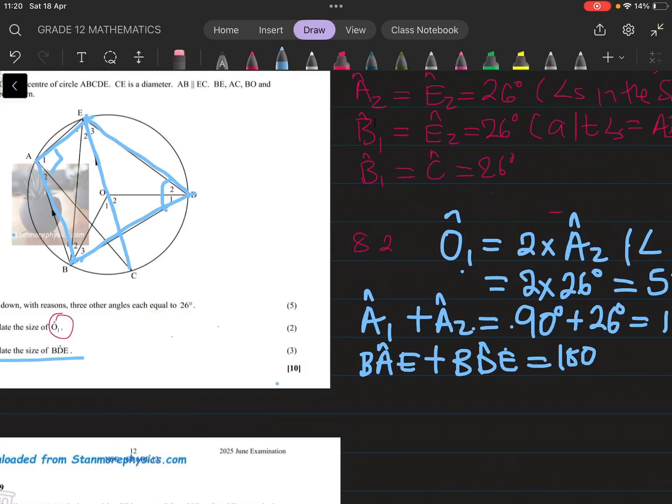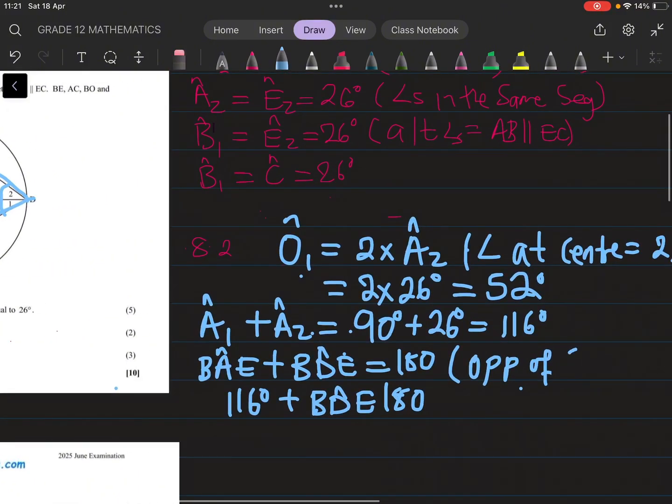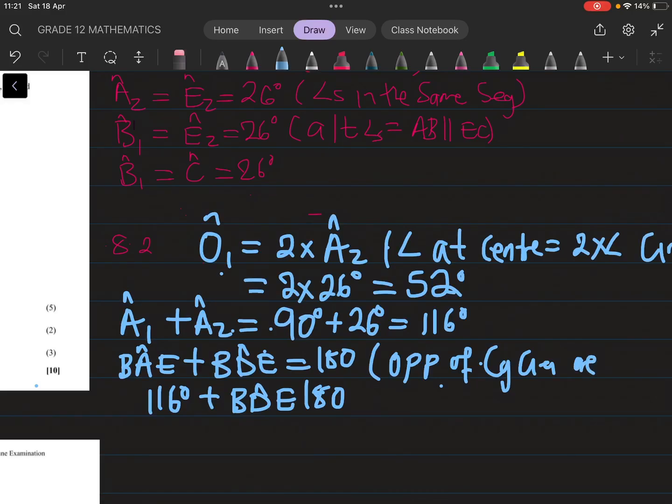And then angle BAE, we have 116 degrees plus angle BDE, which is 180. And you must state your reason here: opposite angles of a cyclic quad are supplementary, right?